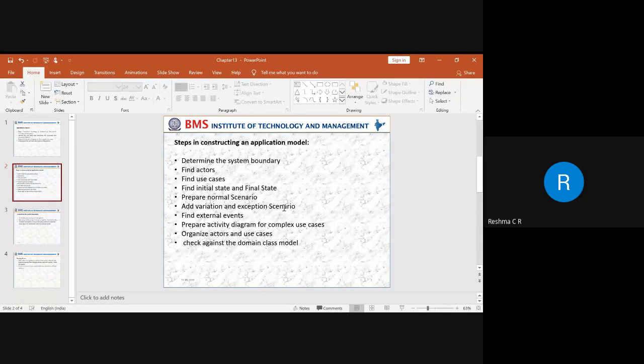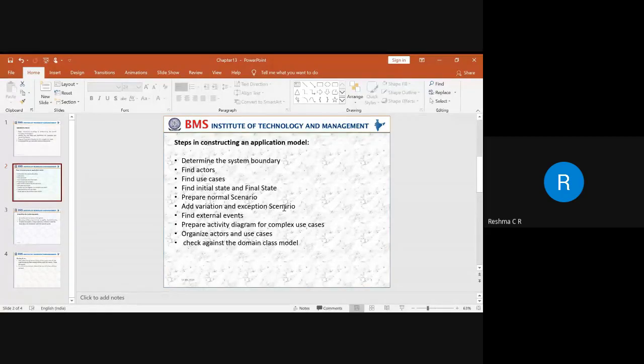The entire processing with respect to the system will be treated as a single object. All the internal details, how the processing is going to happen, what the implementation challenges are, all the minor information, everything will be hidden from the end user.